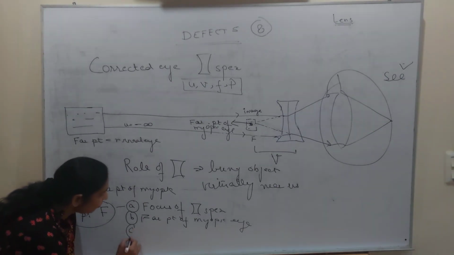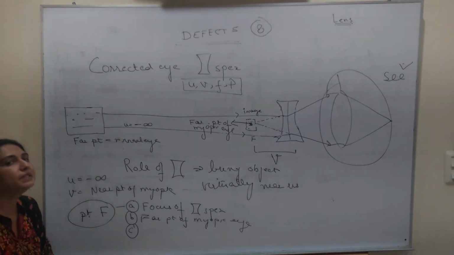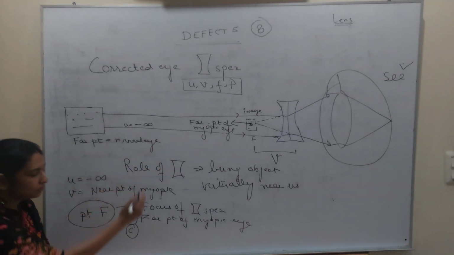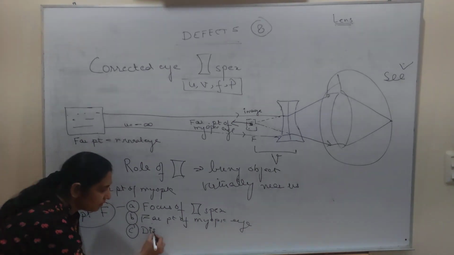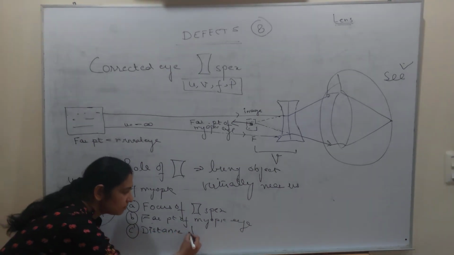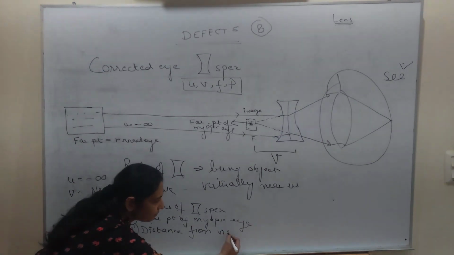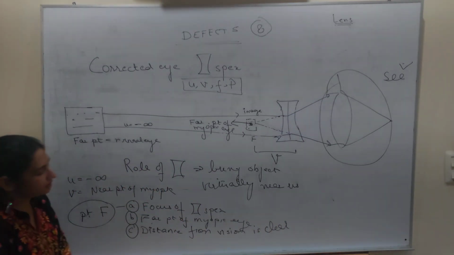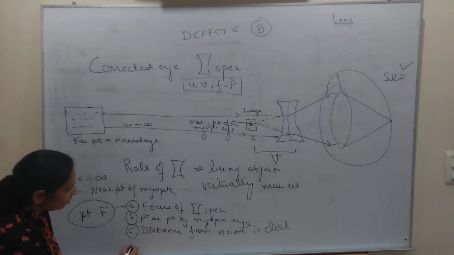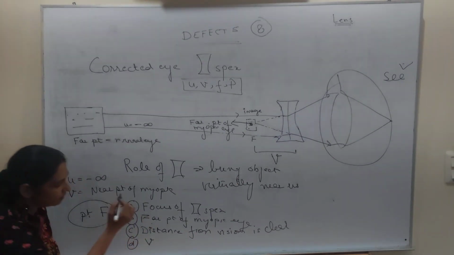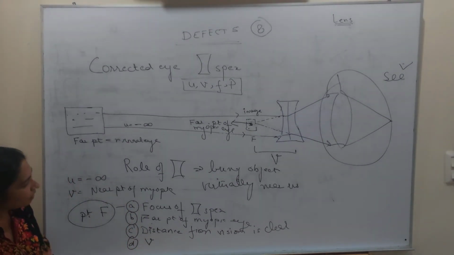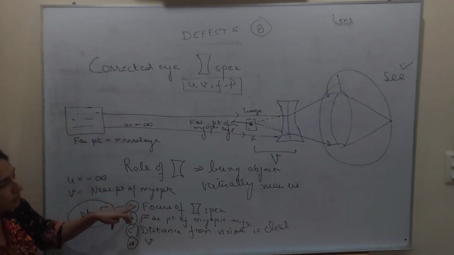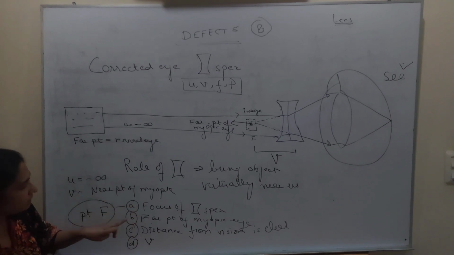This is also the distance from which we can see clearly, the first bench distance. In simpler words, it is the distance from which vision is clear. This is also V for the formula. So this focus point can be defined in different ways: focus point of the specs lens, and the far point.